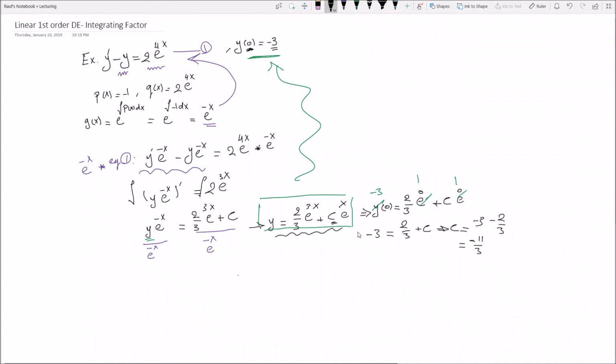So your final ultimate solution of the linear first order differential equation is y equals 2 divided by 3 e to the power of 3x minus 11 divided by 3 e to the power x. And this is the grand solution of the equation.